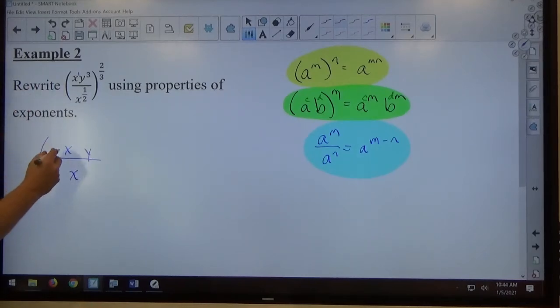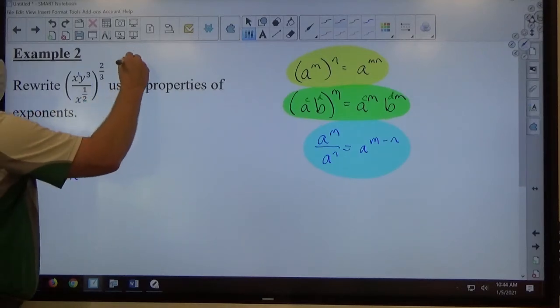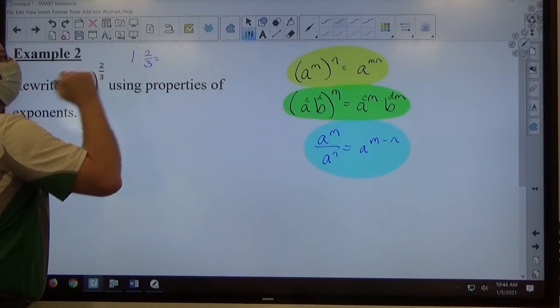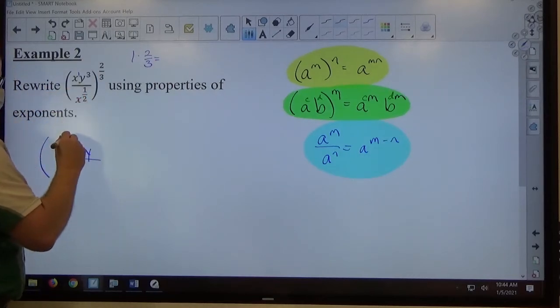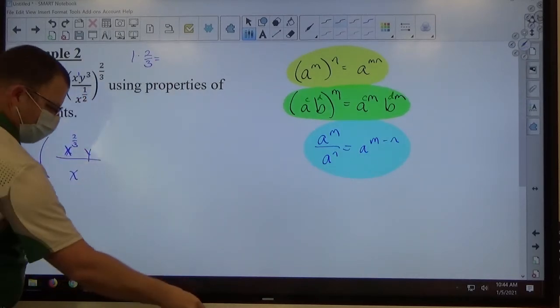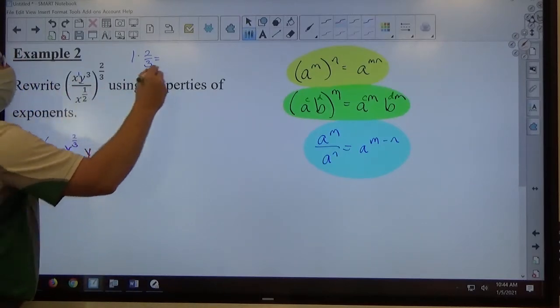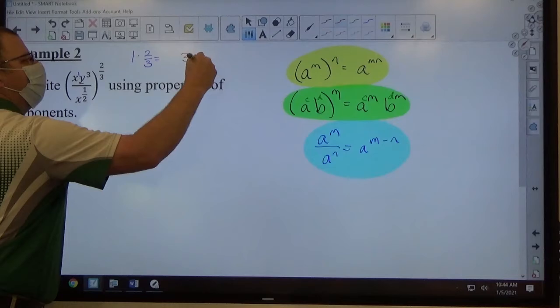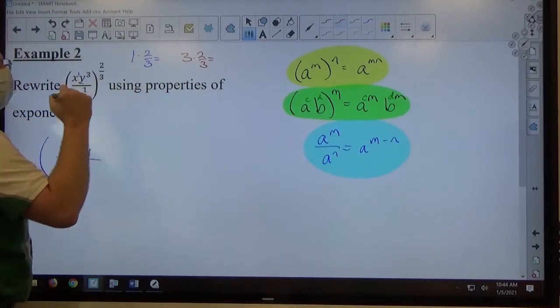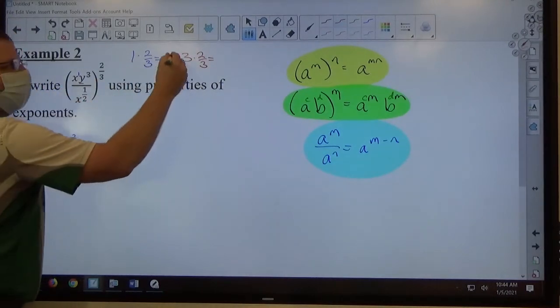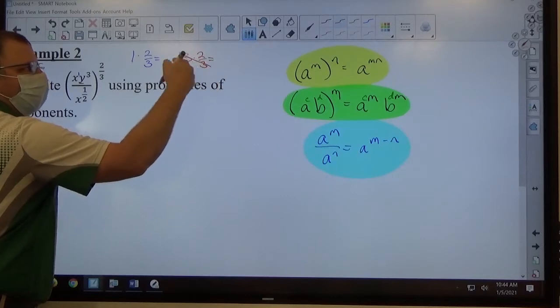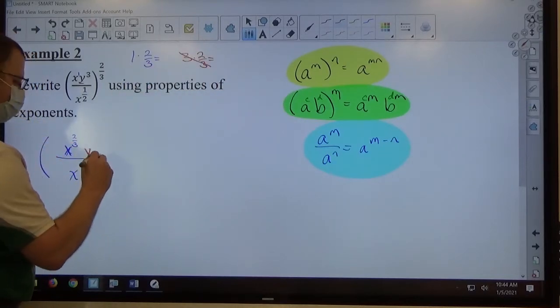So for this x on top, I've got to do 1 times 2/3. What does that equal? 2/3. For this y right here, I've got to do 3 times 2/3. What does that equal? Very good. 3 times 2/3, the 3's cancel, so it equals 2.